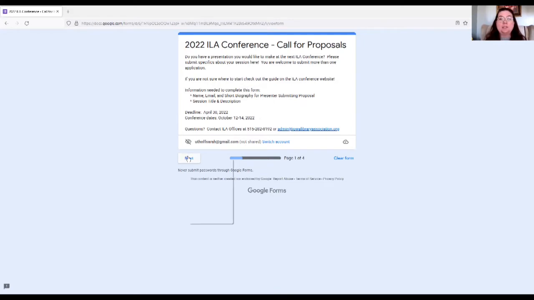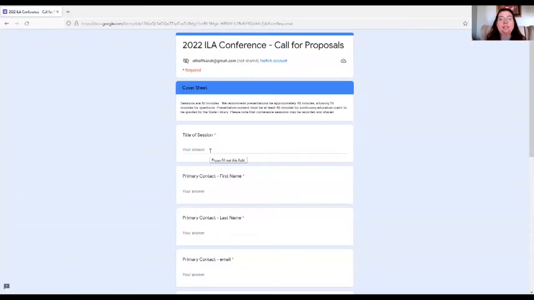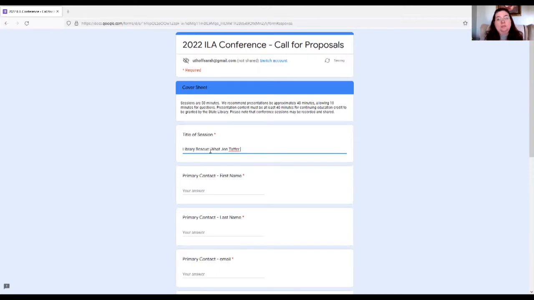So we're going to go under Next. And this is going to be just filling out the basic information. So it's going to be called Library Rescue: What John Taffer taught me about libraries.